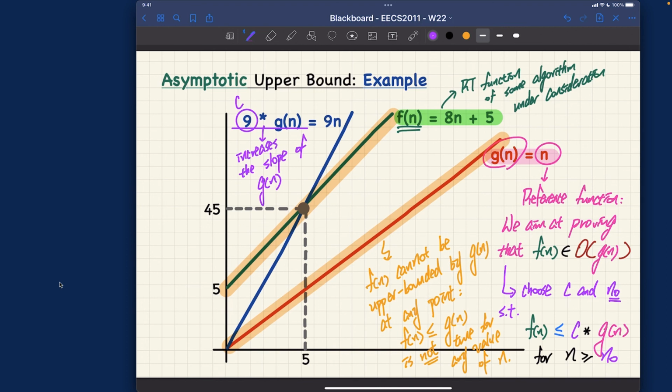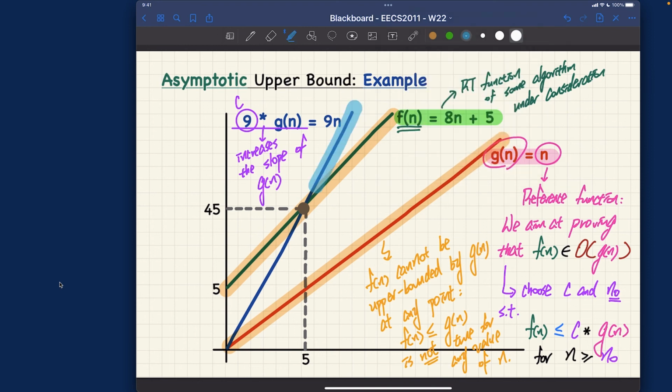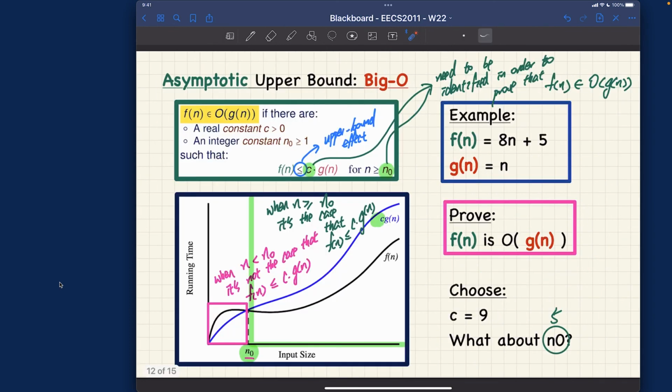So now finally you can see if you consider this line over here and also this line over here, f of n, I'm just using a slightly different color here. So now if you look at this one here and this one over here, we are basically talking about the same diagram. The multiplied g of n and also f of n. We can definitely upper bound f of n by using this starting at some point, right?